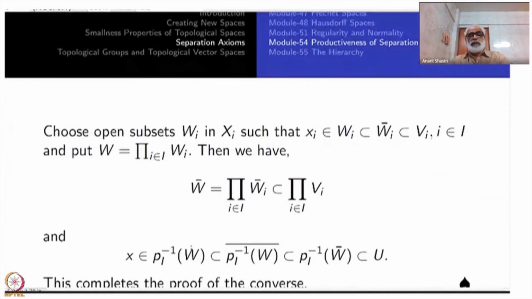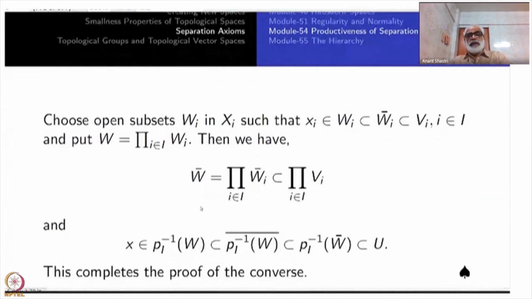Now if you take pi inverse of this one, x will be inside pi inverse of W, because the i-th coordinate x_i is inside W_i by the very choice. So x is inside pi inverse of W. Automatically this will be contained in this closure.